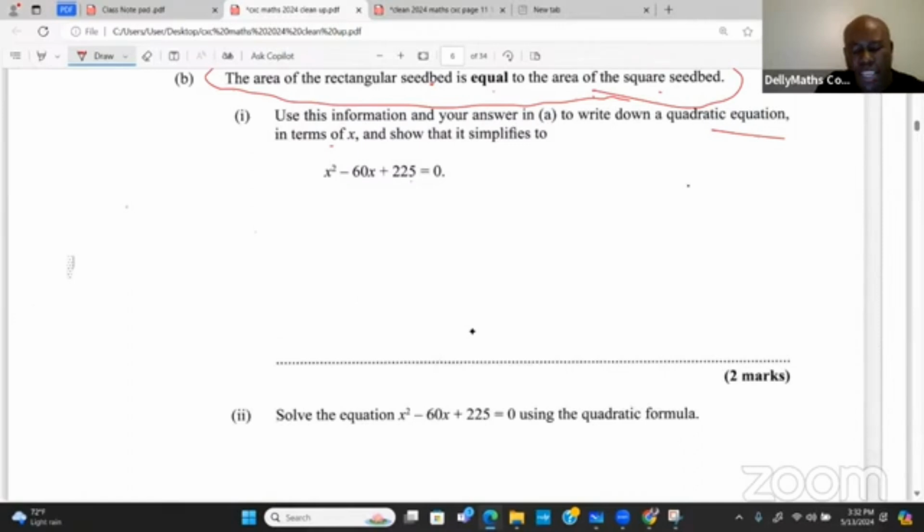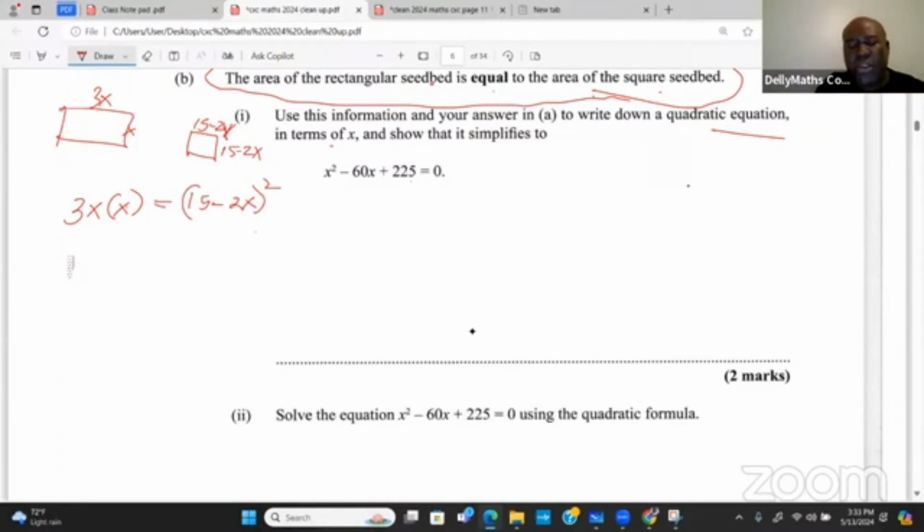Remember now that 3x times x, this is the rectangle, which is 3x by x, so length times width, is equal to the square, where the side is 15 minus 2x. So basically this is 15 minus 2x all squared.